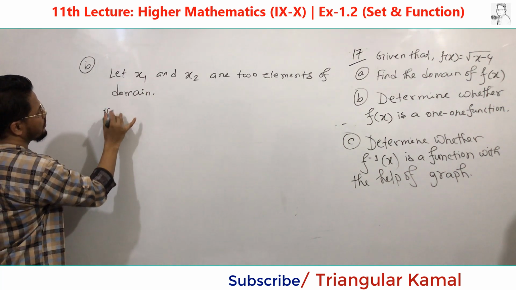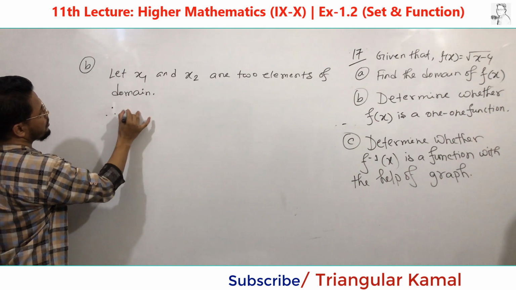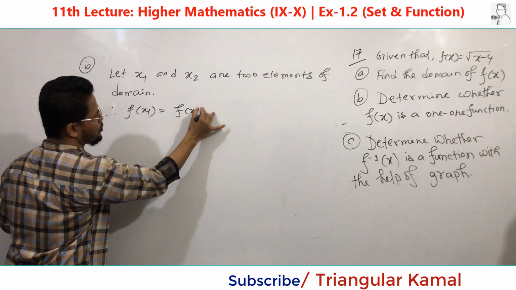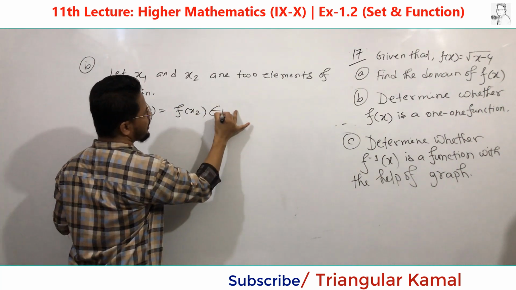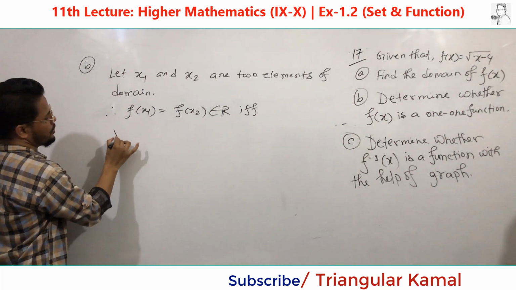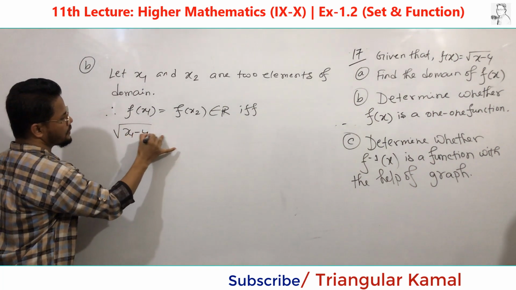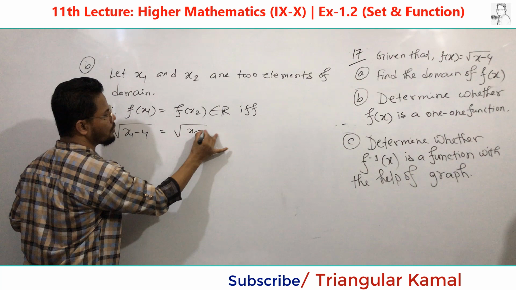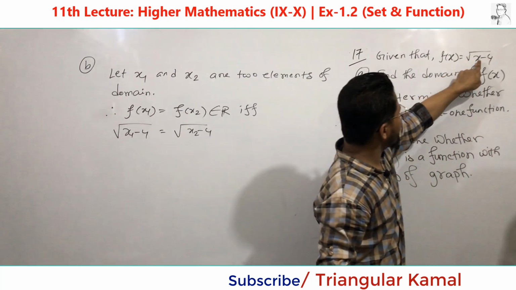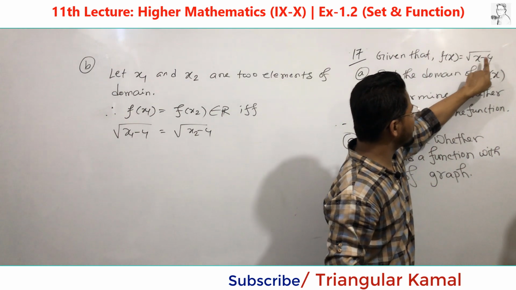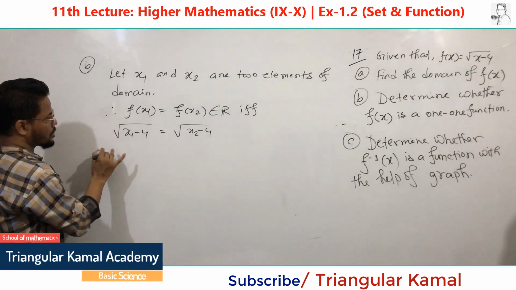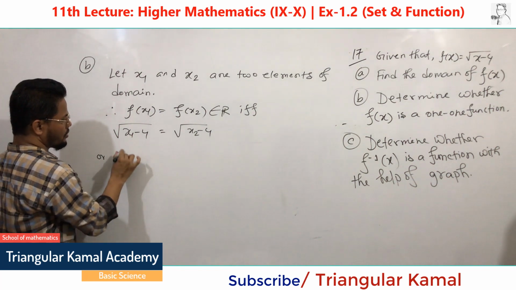Now, f of x1 equals f of x2 in R if and only if root over x1 minus 4 equals root over x2 minus 4. Just apply here the domain, x1 the first time, then x2 the second time, squaring on both sides.